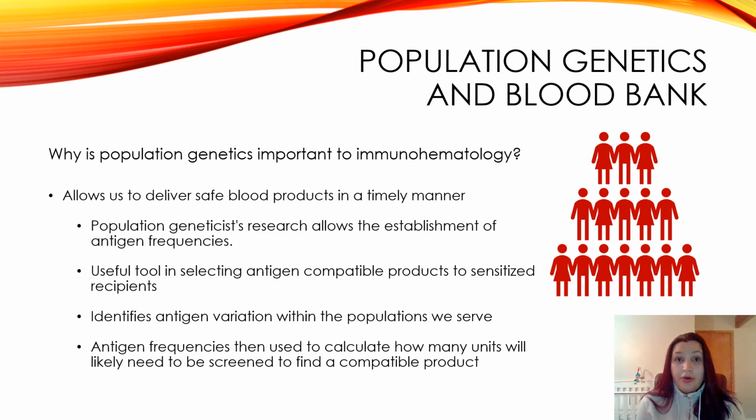And as you know, it's a useful tool in selecting antigen compatible products for sensitized recipients. The antigens vary within the population we serve, and we need to be able to identify that and use this information to calculate how many units we might need to screen in order to find a compatible product.